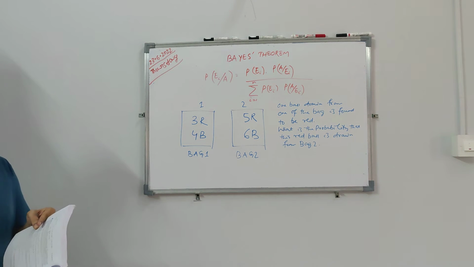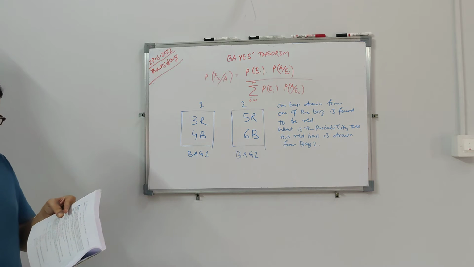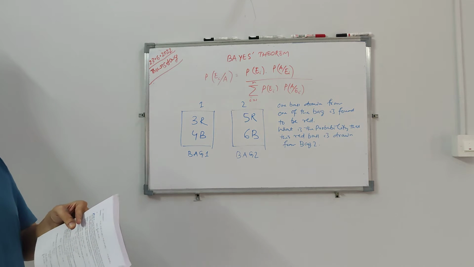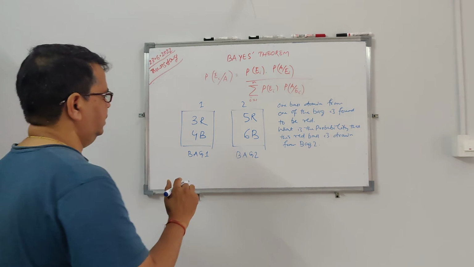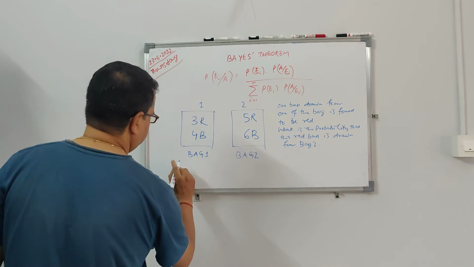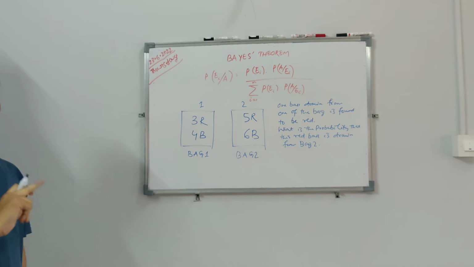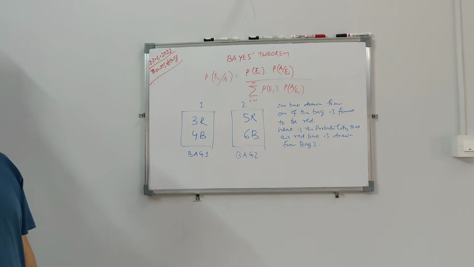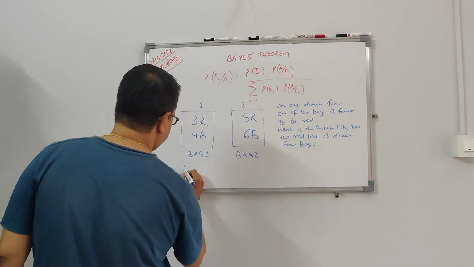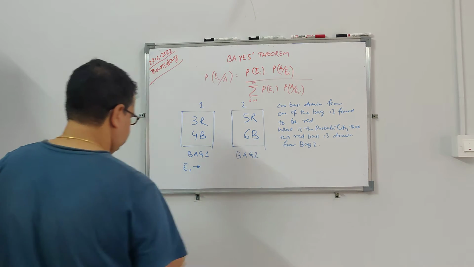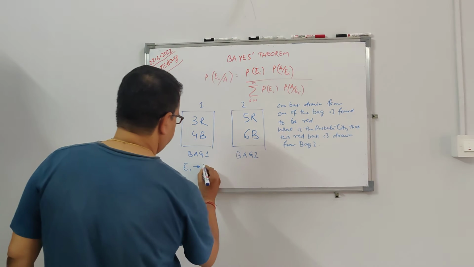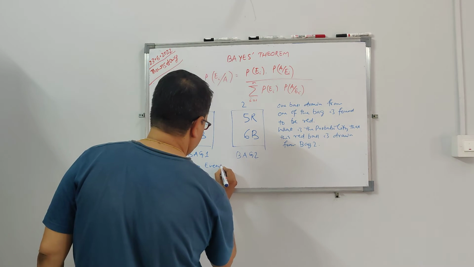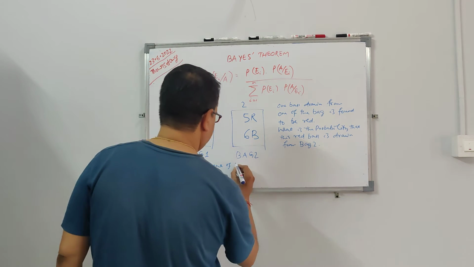So first, E1 is the event of choosing a ball from bag 1. Then E2 is the event of choosing a ball from bag 2. So you have two events: either you choose from bag 1 or from bag 2.